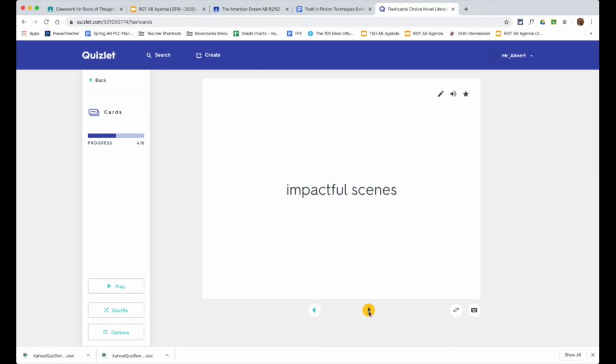Impactful scenes. So scene is a technical term. Just thinking about a play, we know that a play has the scenes divided into several smaller set designs, right? When we watch a play, we can sort of recognize that some scenery has to be moved out and some scenery has to be moved in. But the same is going to be true in any text, any narrative.